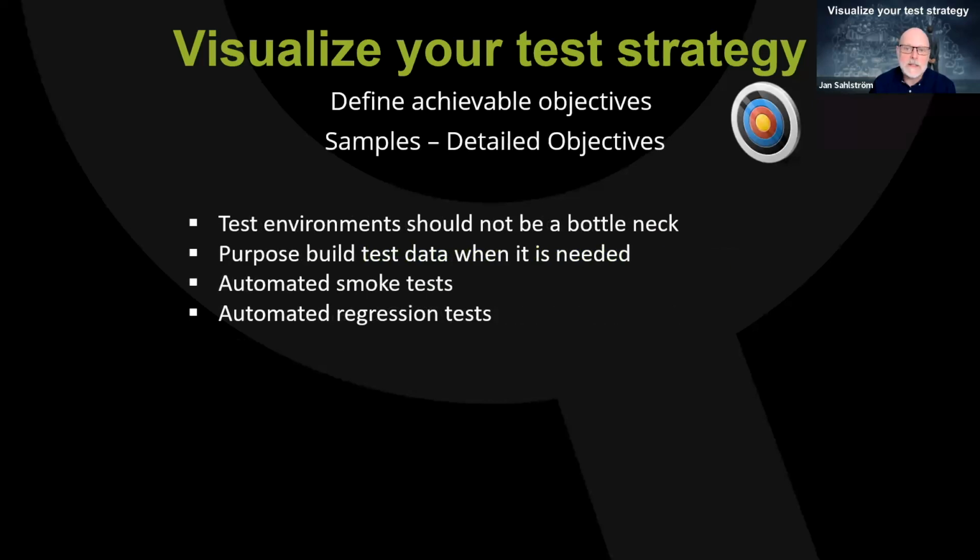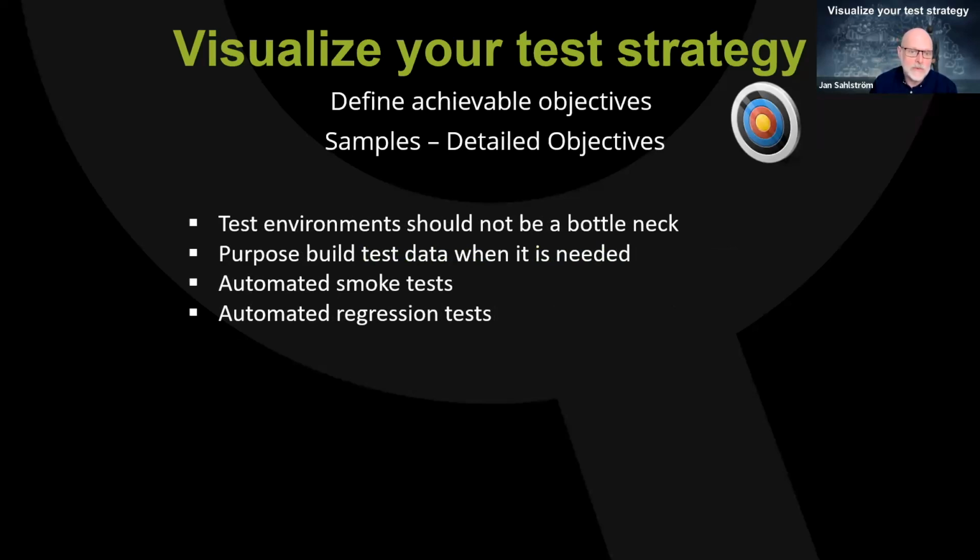You can also detail the objectives in a more specific manner, to say that test environment should not be a bottleneck, meaning that probably you have issues with the test environment. That is super normal in all organizations I've seen. There is not consistent software on the test environment.